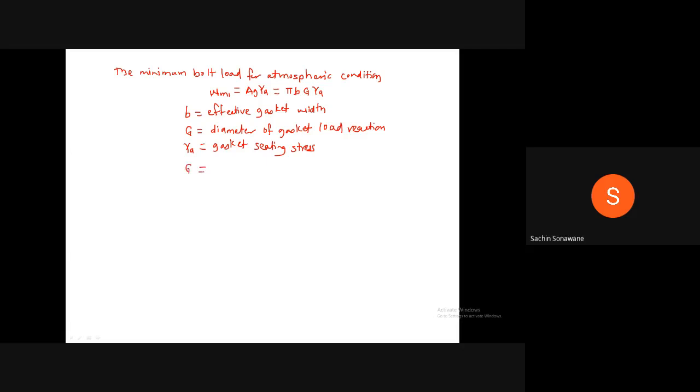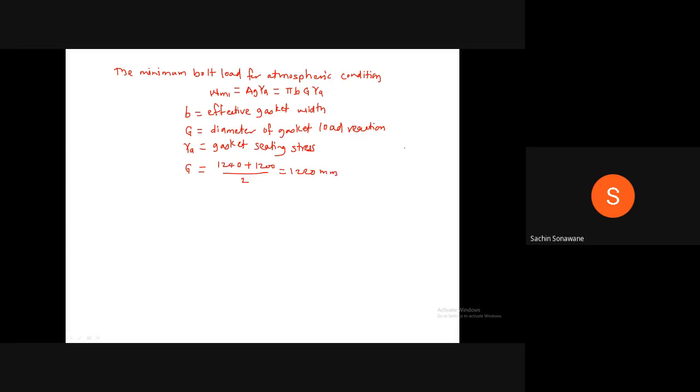We have to calculate G, the diameter of gasket load reaction, that is nothing but (1240 plus 1200) divided by 2, which is equal to 1220 mm.